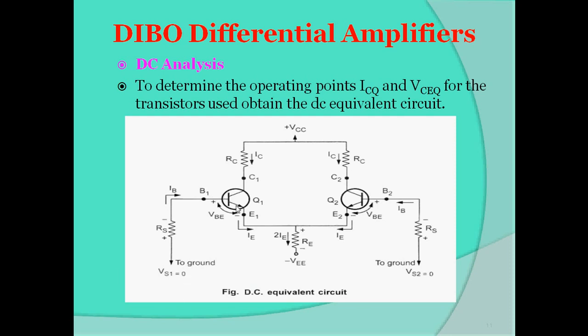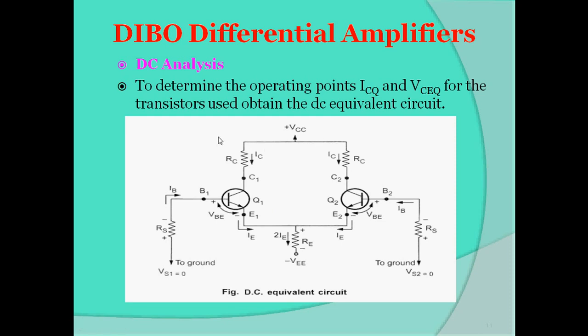Consider this is the circuit for transistor Q1, this is the source resistance RS, the current flowing into the base B1 is IB1 and the current flowing into the base B2 is IB2. When we are designing this differential amplifier, we have two identical transistors, perfectly matched, and all the characteristics of these transistors are the same.